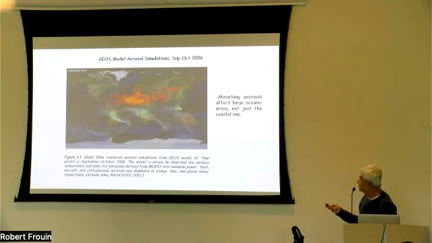You can see the dust aerosol from the Sahara. Here you have the Amazon burning at this time of the year, and also the South Africa region. There is also a lot of biomass burning.